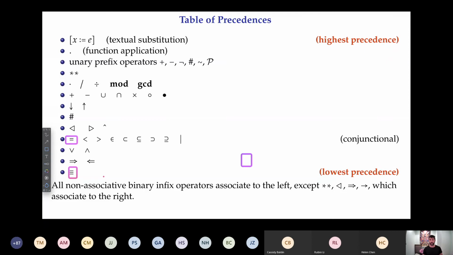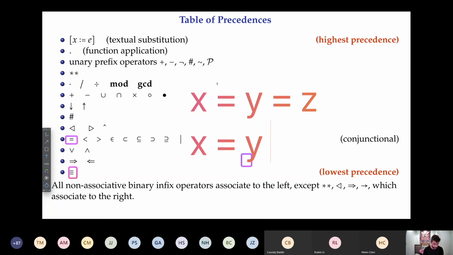Another thing we do is we treat equals as conjunctive, if you remember from the last lecture, and we treat equivales as being associative. Just quickly to remind you what that means: we say x equals y equals z to mean x equals y and y equals z.